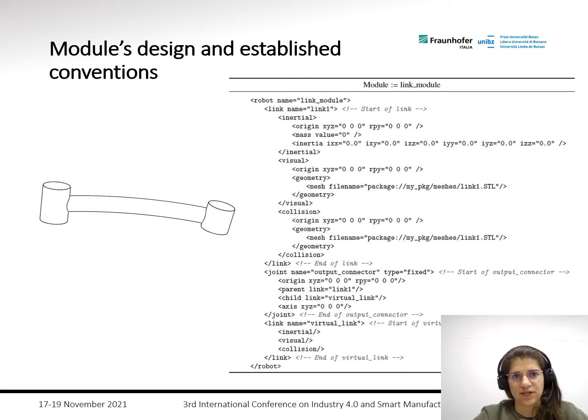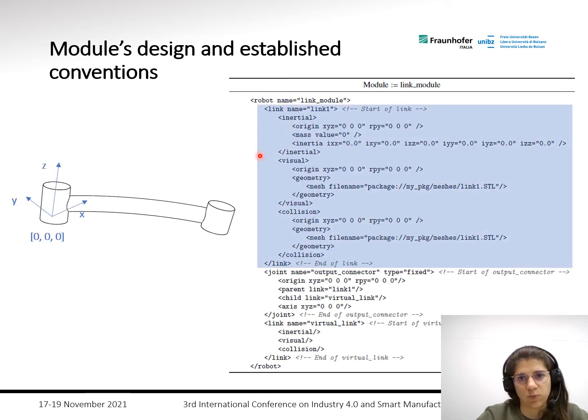Here I present the model design and the established convention that we have exploited for our approach. For example, let's think about a link module. We want to represent it like this one in 3D, and we want also to export it into URDF. But we cannot represent it directly as a single part, because when it is exported to URDF, we just have this part.